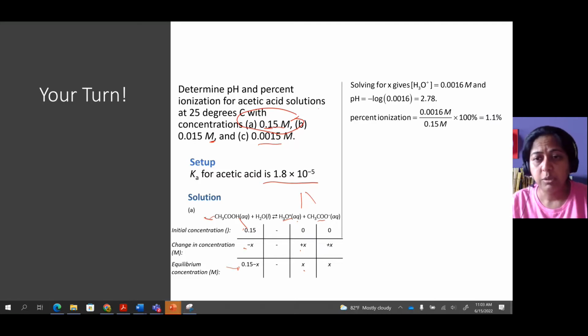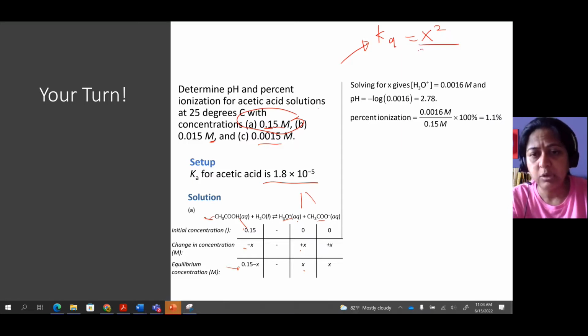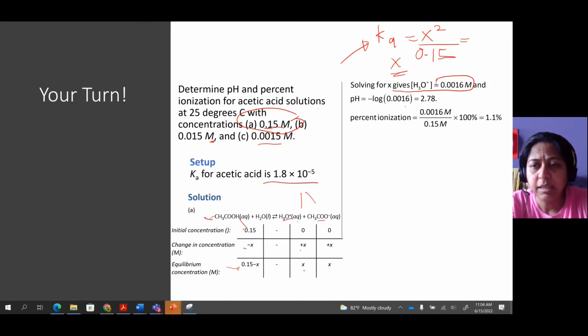Ka equals x squared over 0.15, and you solve for x, and it was solved as 0.0016.